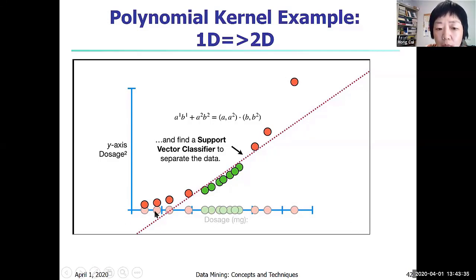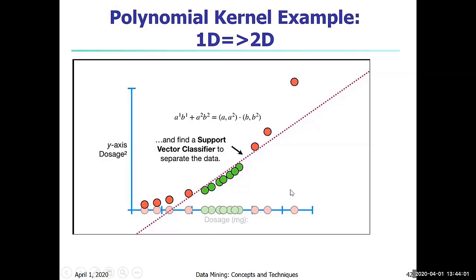We can see that on the y-axis they are different because we squared them. The curve allows us to find a separable hyperplane to separate these two groups, positive and negative examples. Does this example help? Yes, absolutely. Thank you. Okay, great.